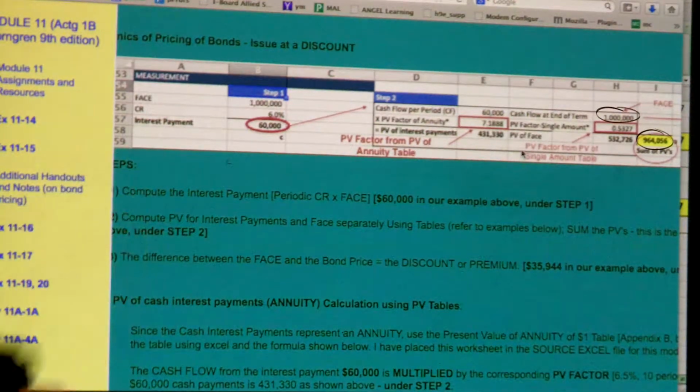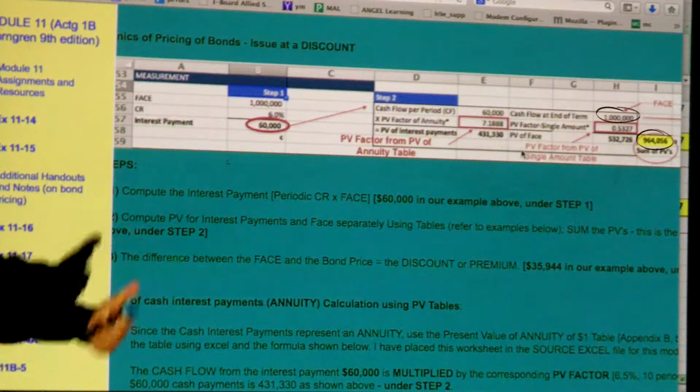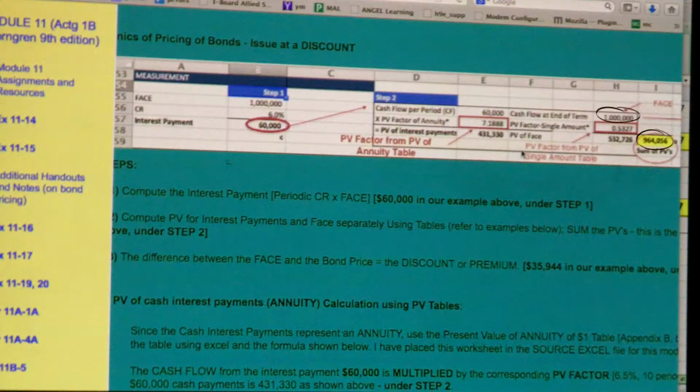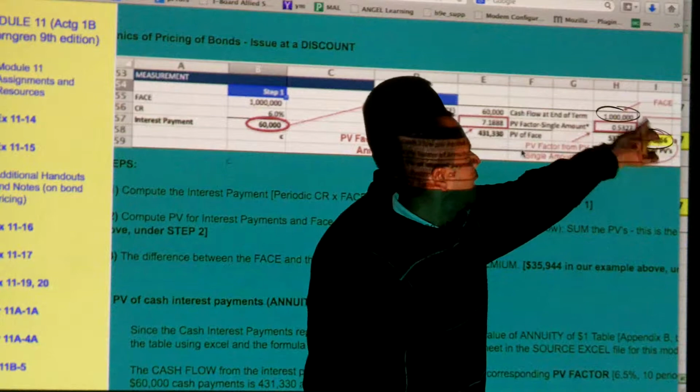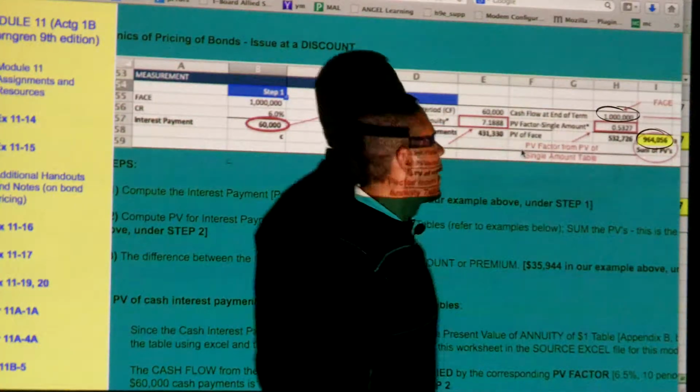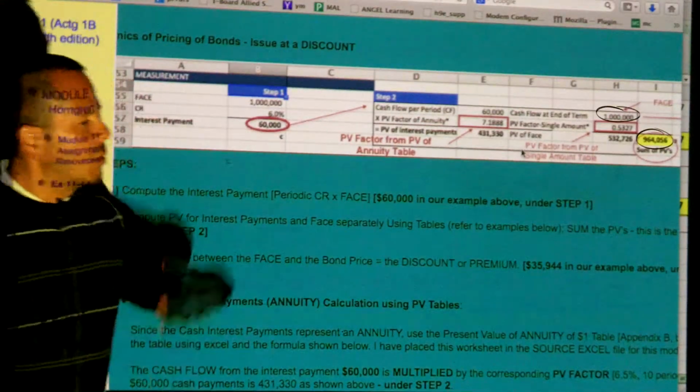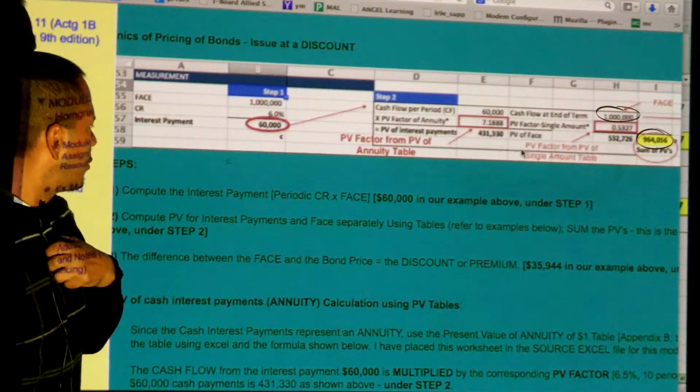That difference is effectively additional interest provided to the investor, because they only provide proceeds of cash to the issuer of this much, but they get the full amount at the end. So the difference becomes additional interest revenue to the investor or interest expense to us.